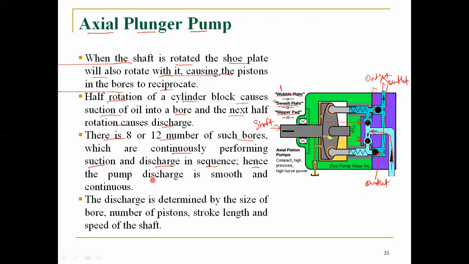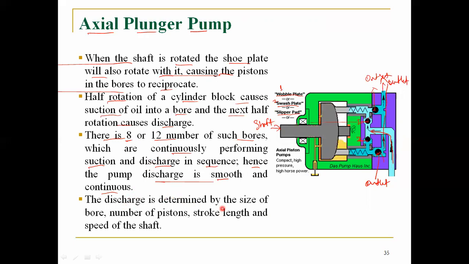Hence the discharge of the pump is smooth and continuous. Here you see only 2 visible, but we can have up to 8 or 12 bores performing continuous suction and discharge.